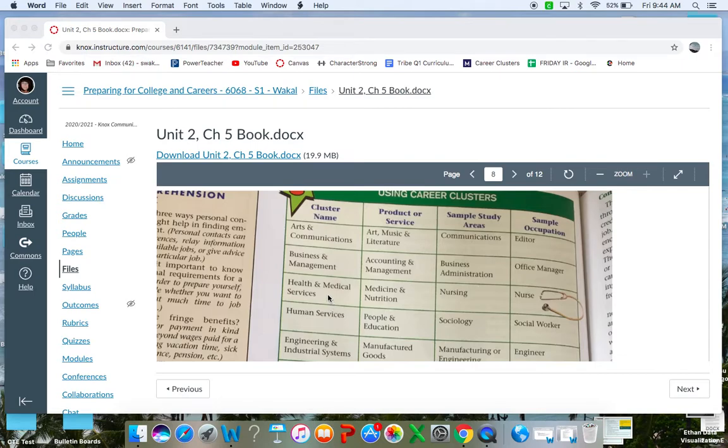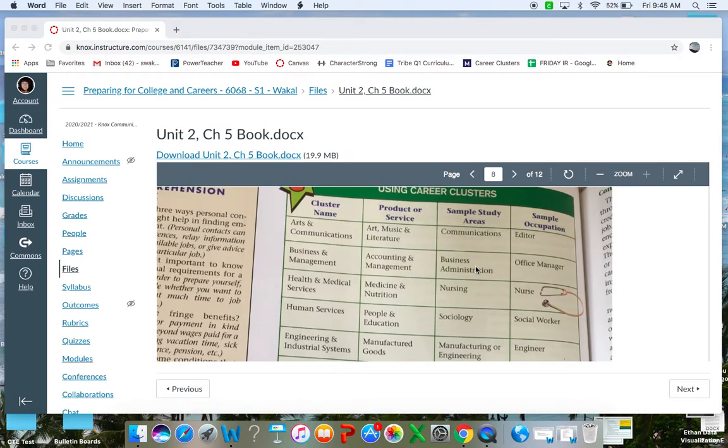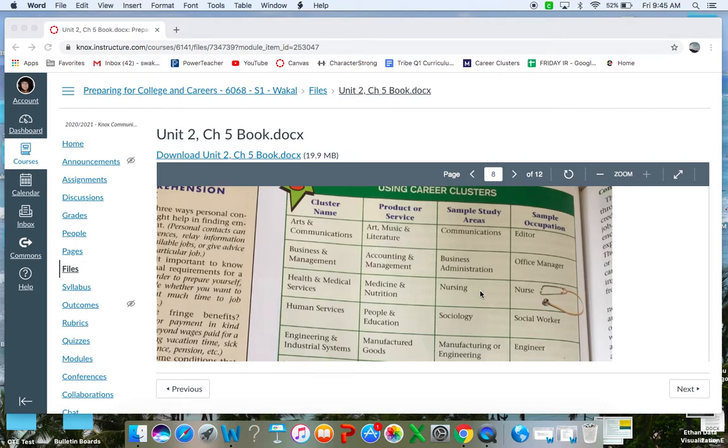So health and medical services is the next career cluster name. The product or service would be medicine and nutrition. The sample study area would be nursing. And then the sample occupation would be nurse. Another one, an example career cluster name is human services. What are you providing? It's for the people and education.